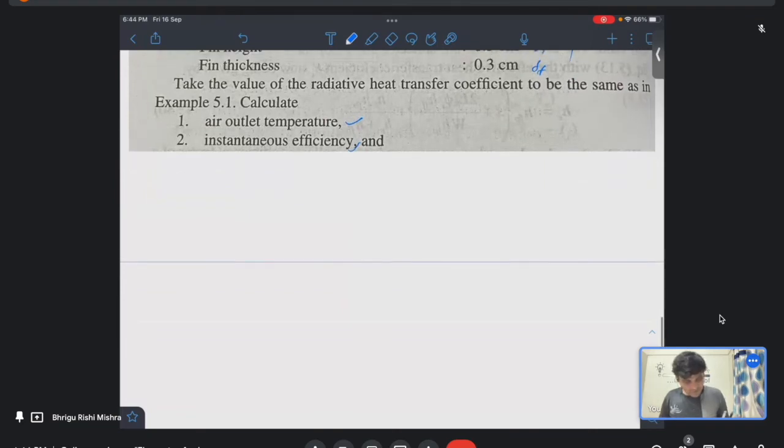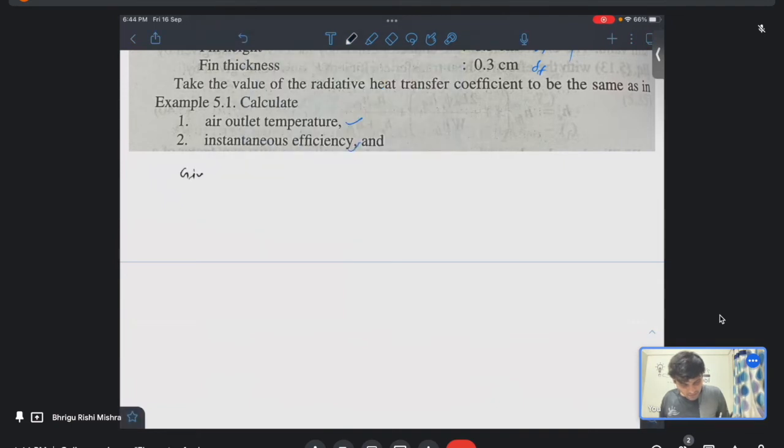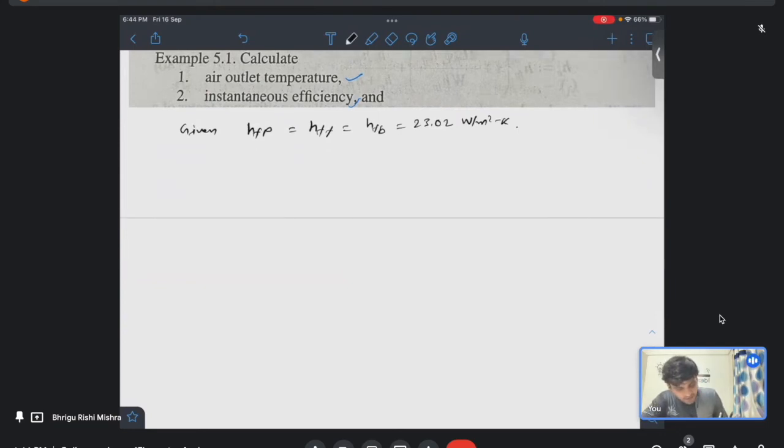One thing is also given: the heat transfer coefficients HFP, HFF, that means fin to fin, and HFB are given as 23.02 watt per meter square per Kelvin. So we can calculate fin effectiveness.